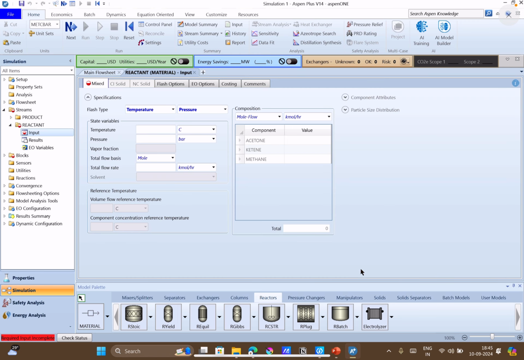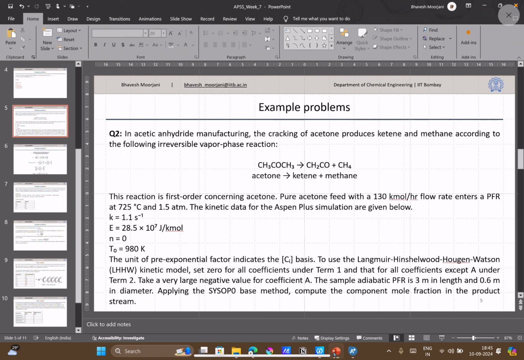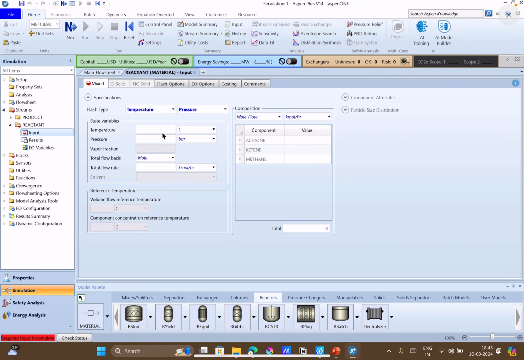First add the feed condition. So the feed is coming at 130 kilomole per hour flow rate with a temperature of 725 degree centigrade and 1.5 atmosphere pressure, and we have pure acetone. So 725 degree centigrade and 1.5 atmosphere, so that we will change.